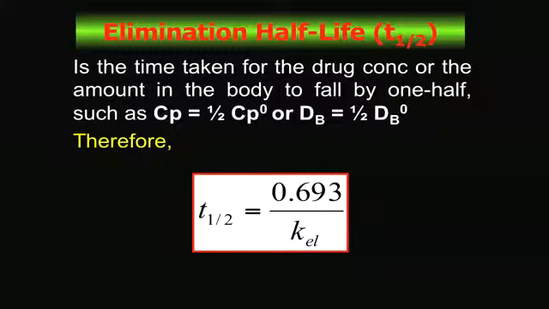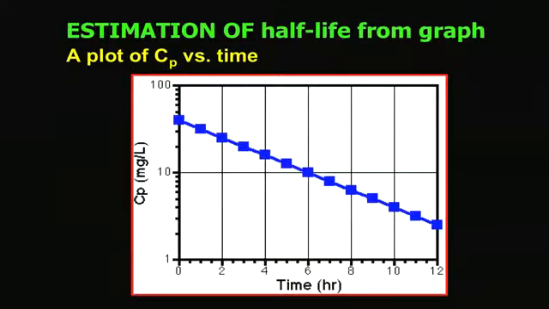The easiest equation there is T1/2 equals 0.693 over KEL. The 0.693 there, by the way, is the natural log of 2. If you get on Mathematica or your handheld calculator and take ln of 2, you will come up with the number 0.693. You will use that number in your pharmacokinetic model this week.